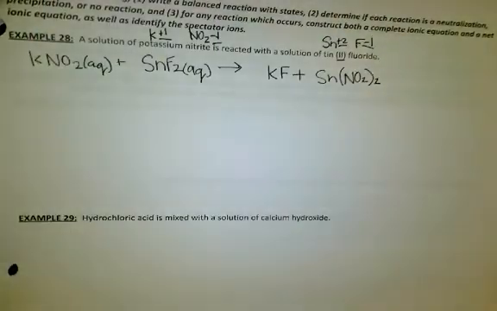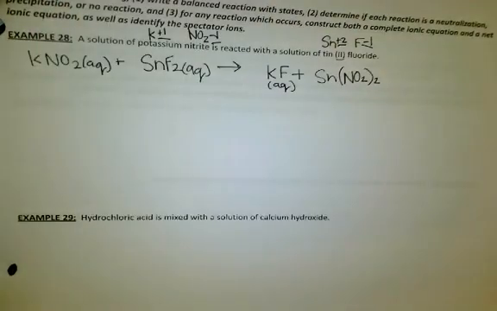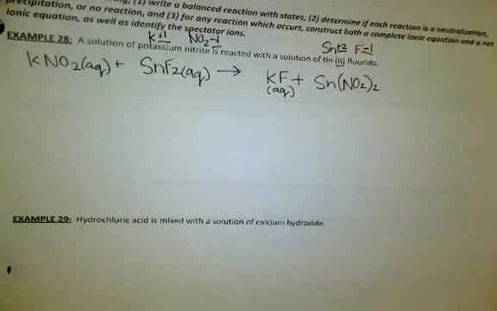Okay? Now KF, check your solubility rules. KF is what? Aqueous. Why is KF aqueous? There's no exceptions, right? It's group 1 potassium, no exceptions. Now tin nitrite, I don't see a rule for tin. I don't see a rule for nitrite, but I do see a rule down here.